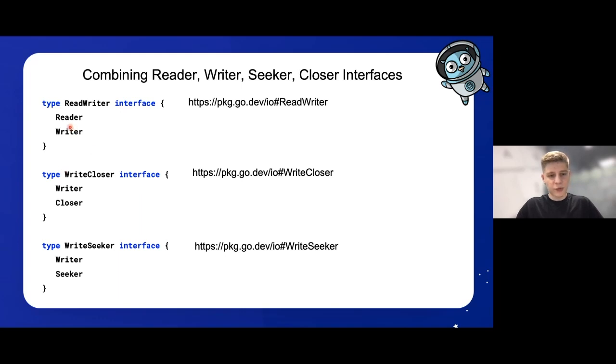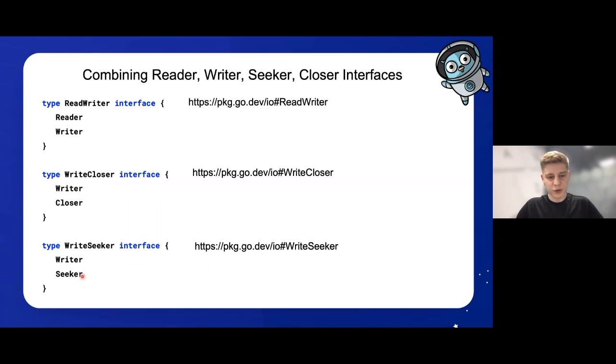Cool. Yeah, so we have ReadWriter, we have WriteCloser, and WriteSeeker. ReadWriter is used when you want to implement something that reads from somewhere and writes to somewhere. WriteCloser, for instance, I think os.File implements this as well.